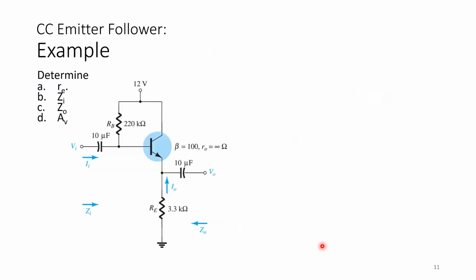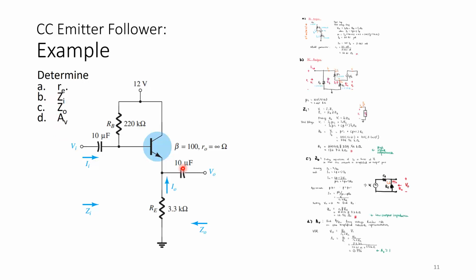So now let's do an example. In this example, we are given an emitter follower configuration. We need to find the small signal parameter re, followed by the two-port network parameters Zin, Zout, and AV. This is just demonstrating the amount of thought involved. It's not that difficult.